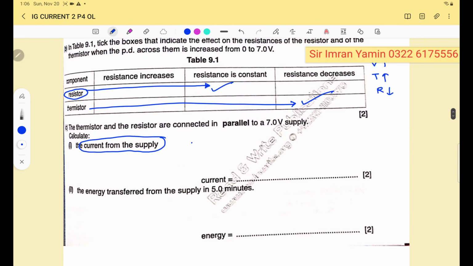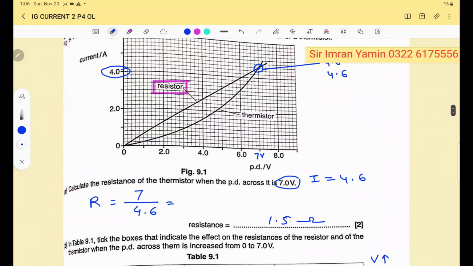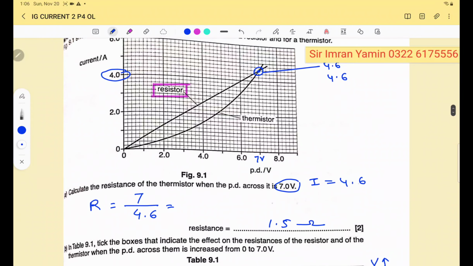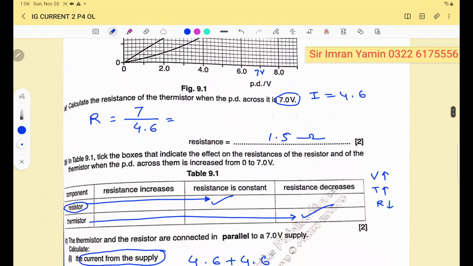So the total current will be 4.6 plus 4.6, which is 9.2 ampere, because at 7 volt the current is the same. The graphs intersect, so the current is the same.